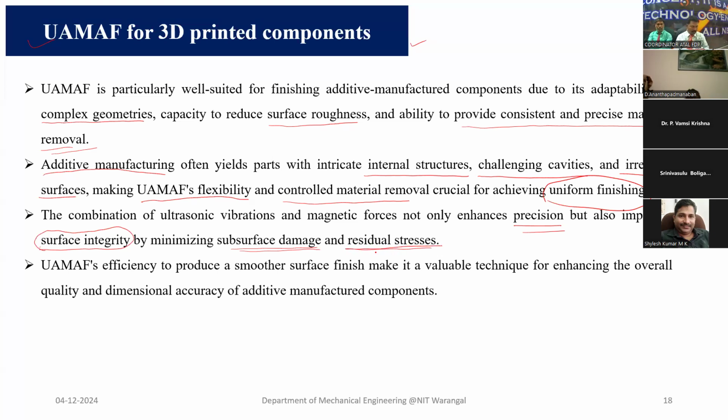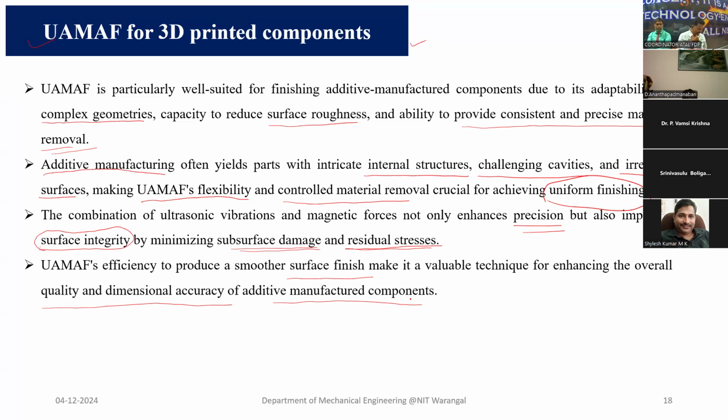This UMF's efficiency to produce a smoother surface finish makes it a very valuable technique for enhancing the overall quality and dimensional accuracy of additively manufactured components. So I am justifying why this UAMF is more suitable for 3D printed components. These are the reasons why the applications of UAMF are more suitable to 3D printed components.